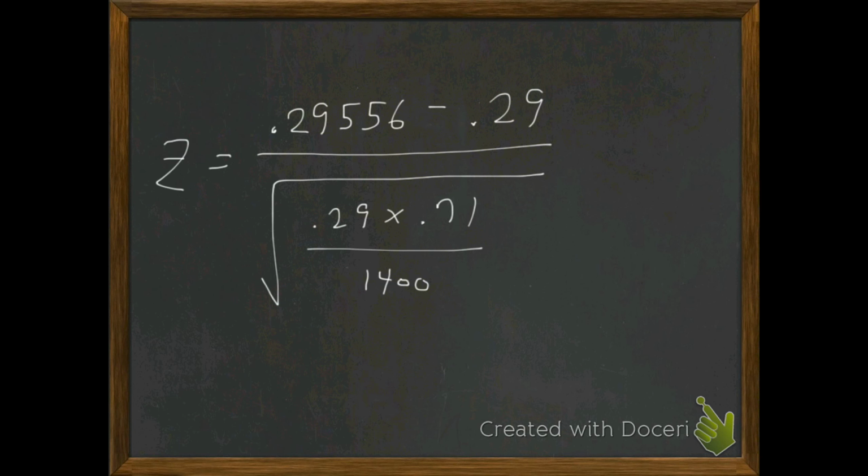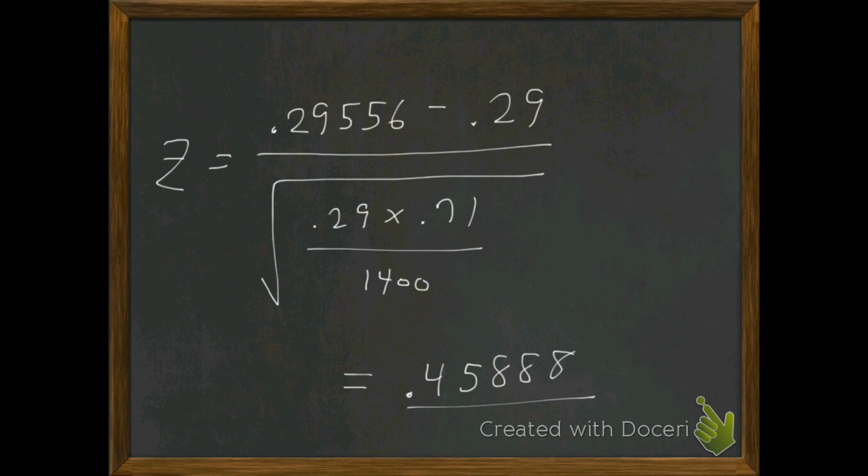Alright, so let's perform that in our calculator. And when I get that, I get a z equal 0.4588.